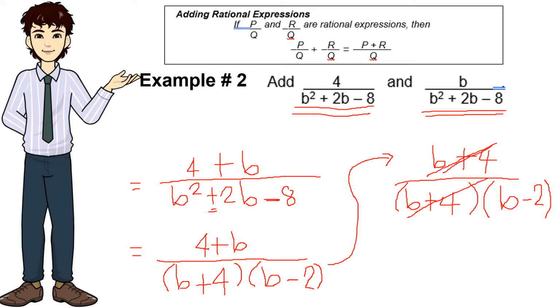As we cancel, b plus 4 divided by b plus 4, the answer is 1. Hindi siya 0. Then, yung magiging final answer natin dito is 1 over b minus 2. So, this would be our final answer.